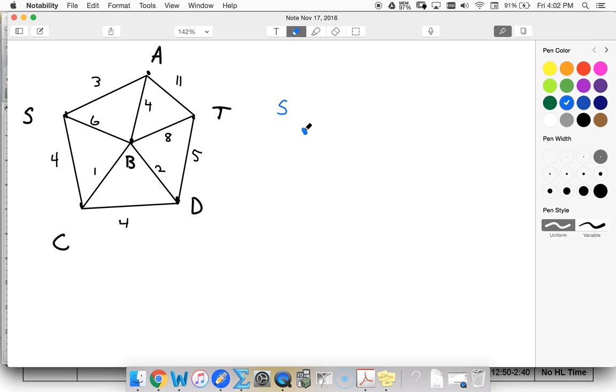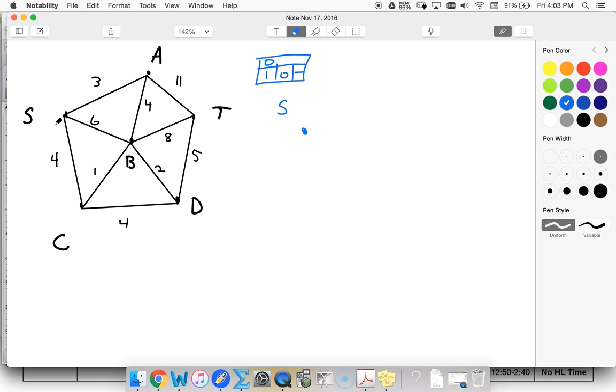Coming off of this, I can start off my label. My distance from S is 0. This is my first label, with a distance of 0. I came from nowhere.